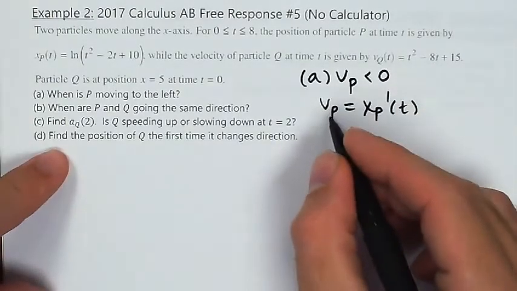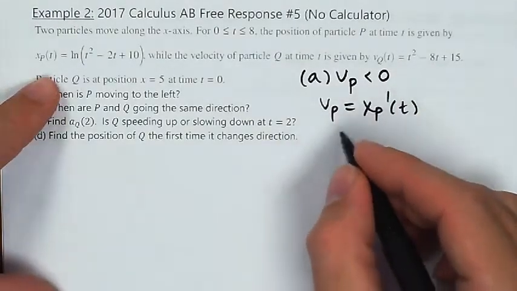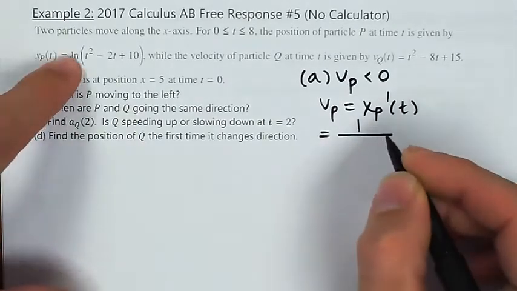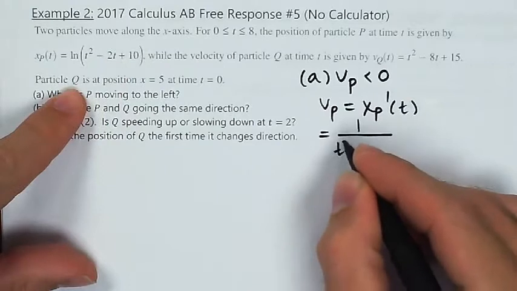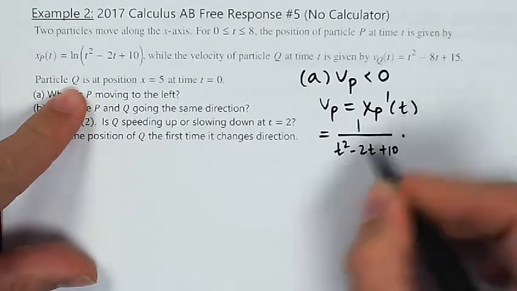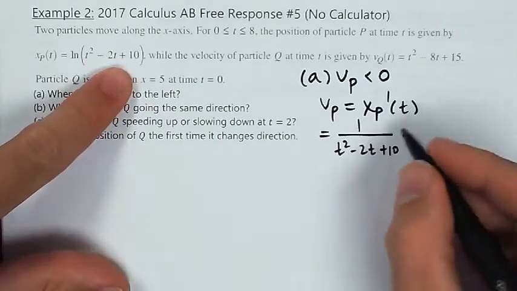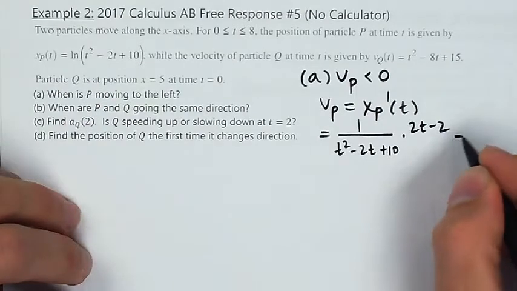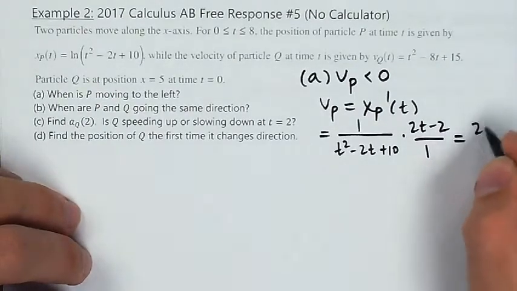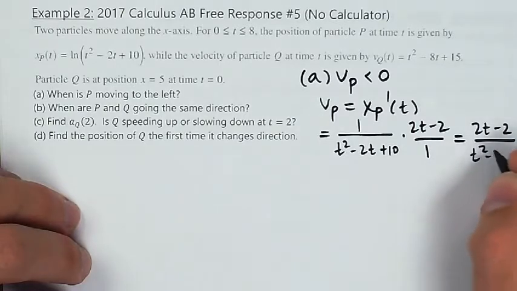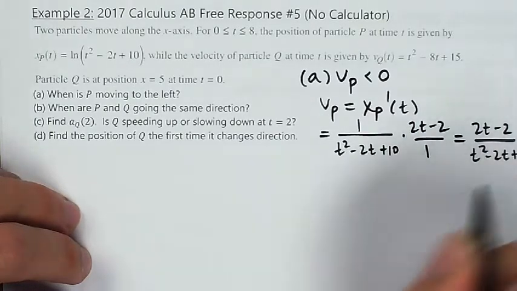Velocity P is going to be 1 over, because the derivative of log of a thing is 1 over that thing, t squared minus 2t plus 10, times the derivative of the inside, which is 2t minus 2, which I can put together and say that's 2t minus 2 divided by t squared minus 2t plus 10.